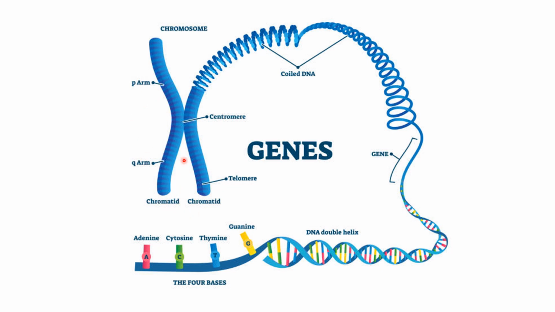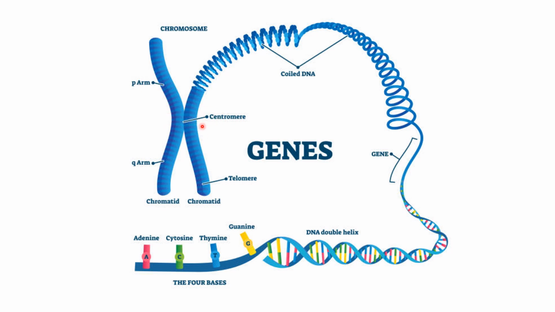It is in the coiled form inside the nucleus, and it takes this structure with the two arms when it is ready to replicate. It has a Q arm and a P arm, and both parts of the chromosome are linked in between by the centromere.